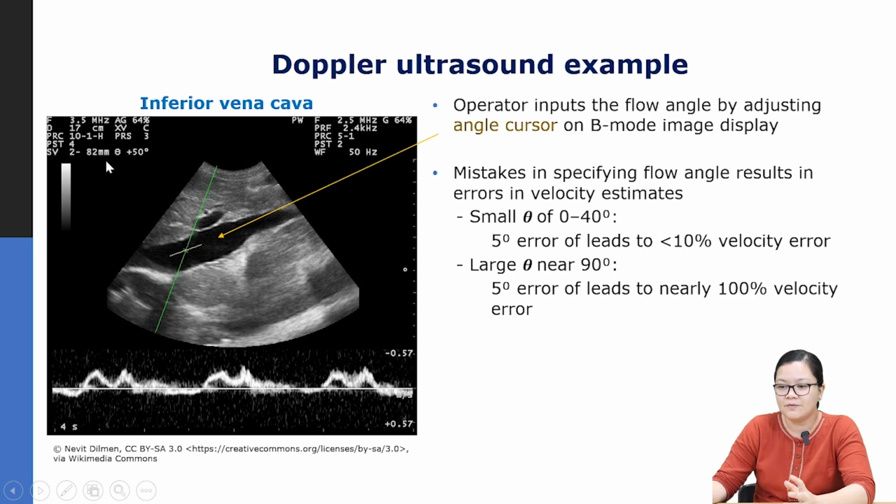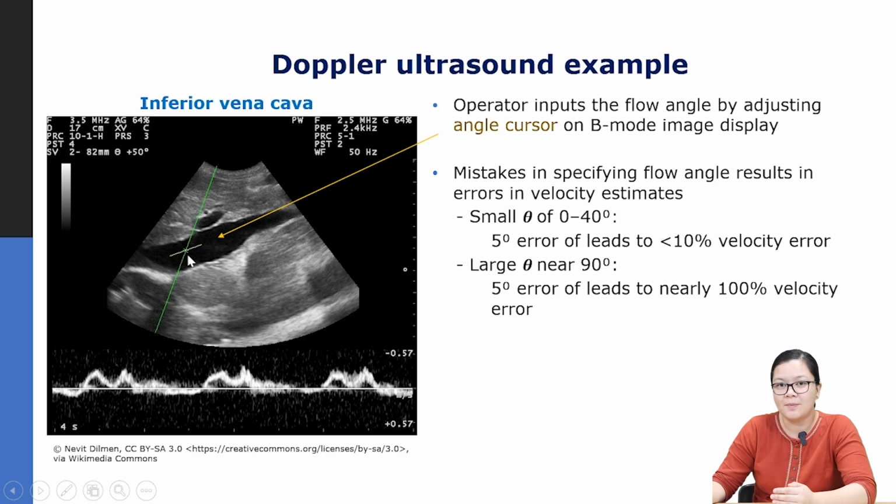Here's an example of what the Doppler display would look like, also incorporating how to dial in the Doppler angle. This green line corresponds to the line that you are looking at, and this white or yellow flat cursor corresponds to the angle cursor.